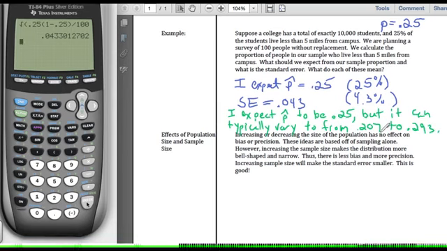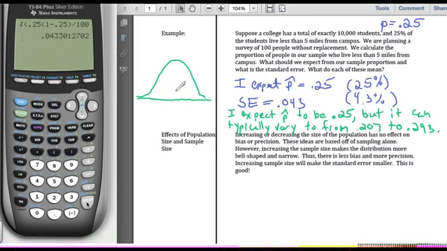To get these decimals, I just took my expected p-hat, that 0.25, and I subtracted that 0.043. That's 0.207, or 20.7%. And then I took that 0.25 and I added that 0.043. It's sort of giving me a range of numbers. I would expect this sampling distribution to be normal.